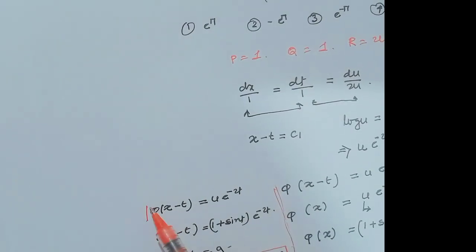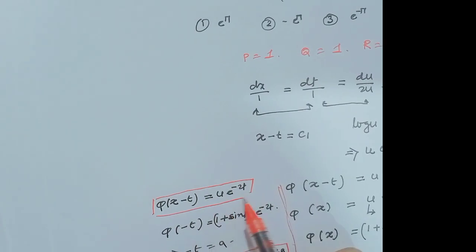And here phi of x minus t equal to u e to the power minus 2t.